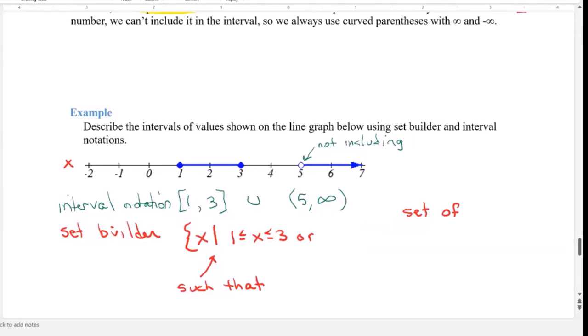Or now I could say x is greater than 5 because I'm not including 5 and I am saying it's every value bigger than 5. So it would translate to this. The or basically translates from the union. And so this doesn't get confusing, I'll say such that it's not a 1, it's just a straight up and down line. All right.